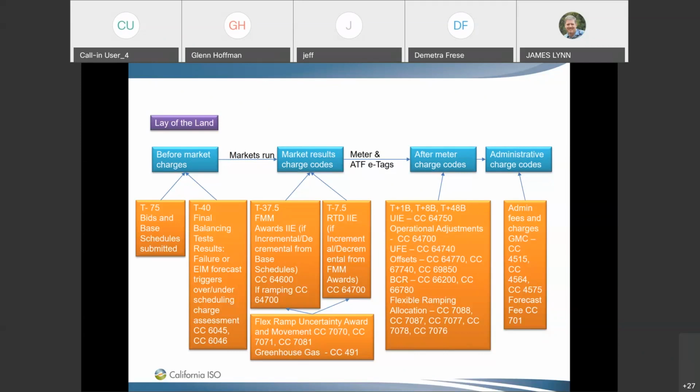But if you're only being used for your balancing authority area, then your flexible ramp price is only going to reflect your requirement opportunity cost.